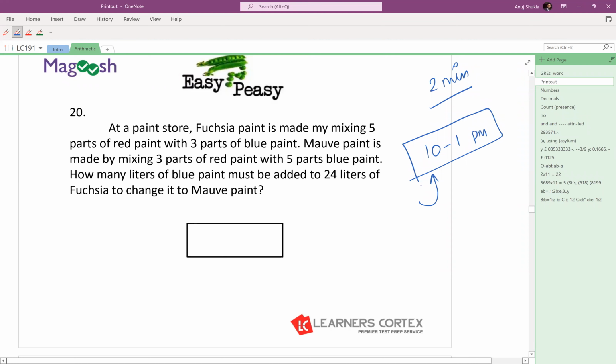I'm giving you 2 minutes for this question. Attempt this question and tell me the answer. 16.